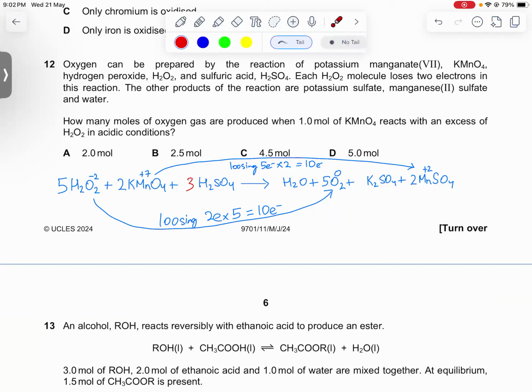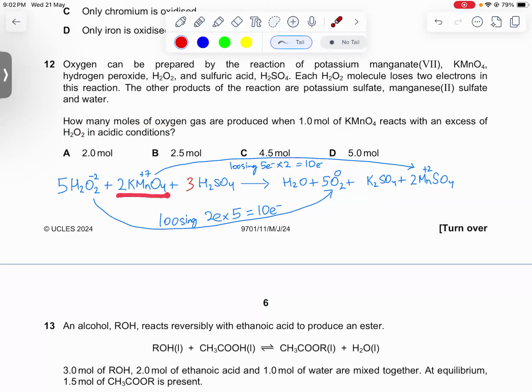And then what else can we see? What else is not balanced? Now everything has been almost balanced. 2 KMnO4, K2SO4, that is also balanced. Potassiums are also balanced. So what could probably not be balanced is H2O. Do we really need to balance H2O over here? Not necessarily. Why? Because they've asked how many moles of oxygen gas are produced when 1 mole of KMnO4 reacts.